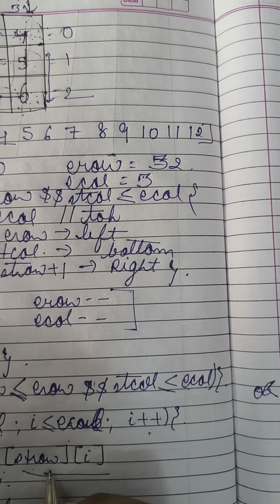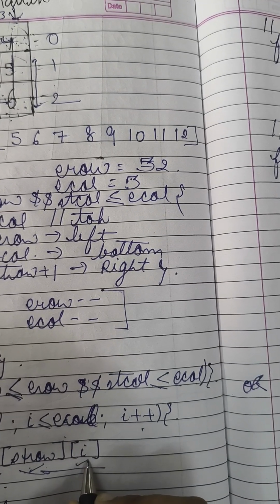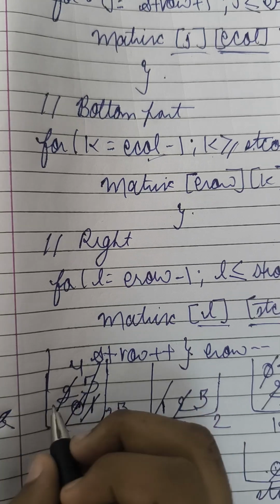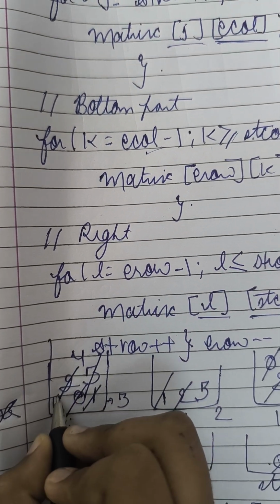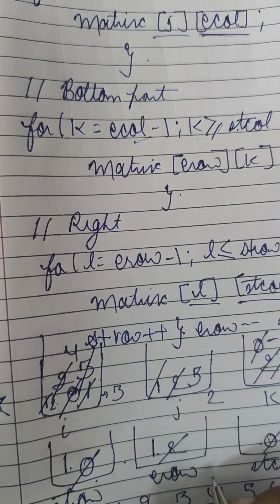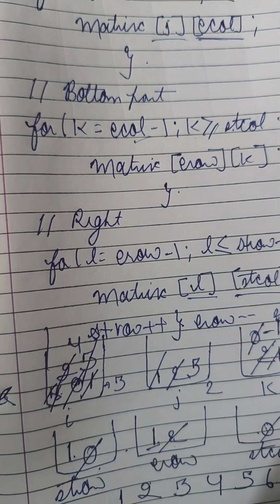Now we move towards starting row I. So starting row is fixed over here. Now moving towards I, when we did I plus plus, it would have turned into 2, and the ending row is 1. So the condition did not fulfill and it got cancelled over here.